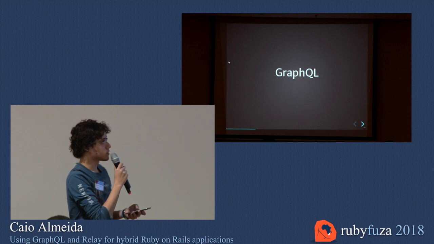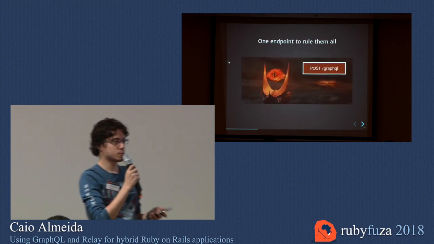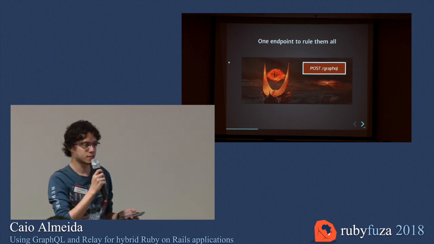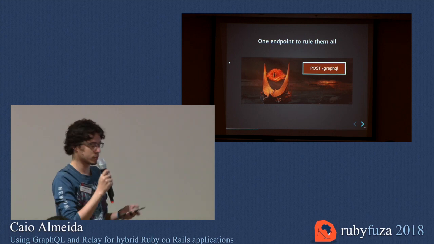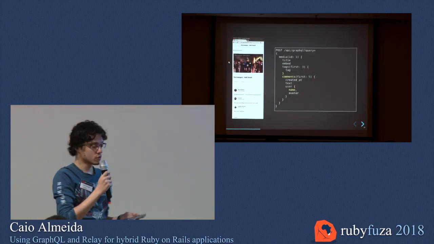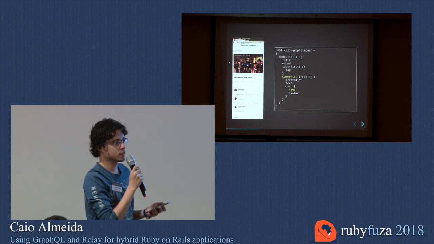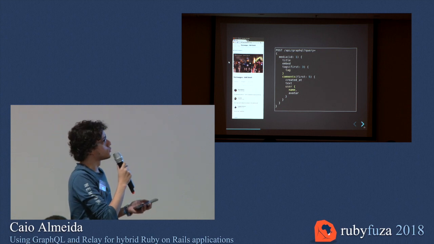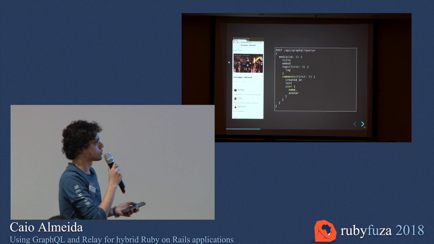So that's where GraphQL comes in. First of all, you have just one endpoint as far as HTTP is concerned, which is a POST endpoint to /graphql that works by convention. So you do a single request to this API endpoint passing a query parameter which contains your GraphQL query, which looks like a JSON.